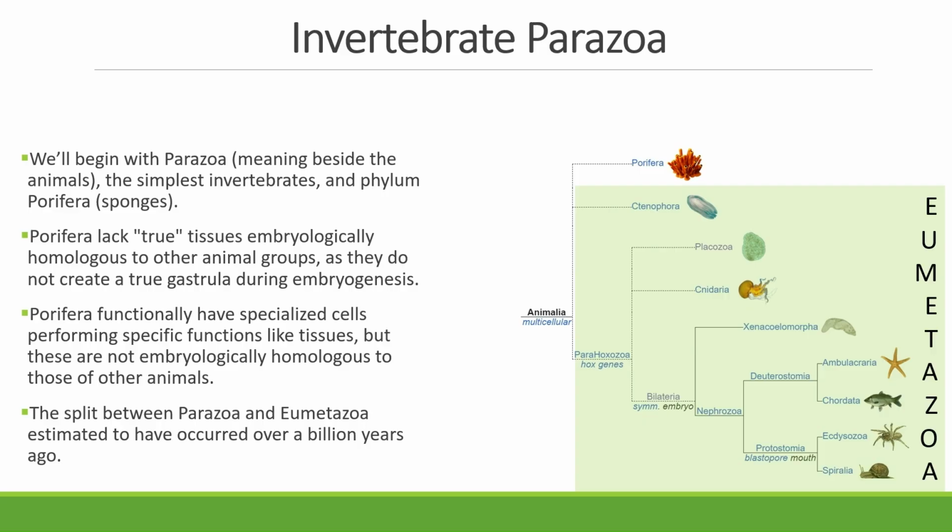That makes sponges one of the oldest surviving animal lineages on Earth. Understanding sponges is important because they show us what the very first steps toward multicellular animal life looked like. You can see them here in this taxonomic tree at the very top. There's the Porifera, and they would exist outside of the Eumetazoa, which contains the rest of Animalia.